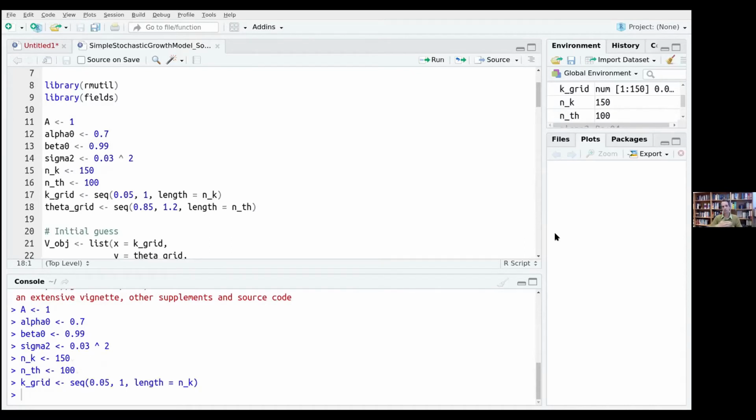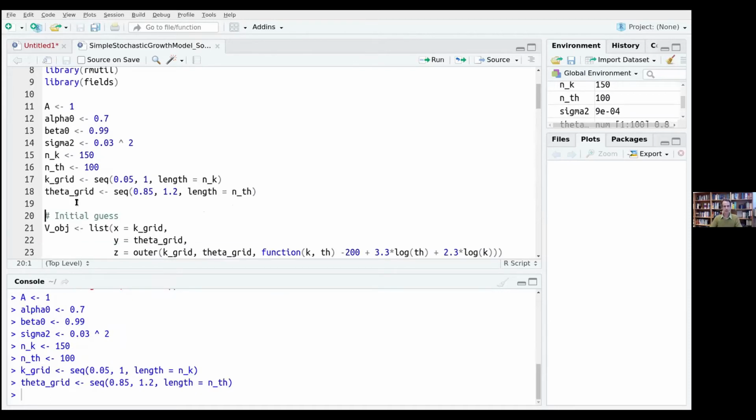So here it's just equidistant, and the same for the technology level, which is defined here. This theta grid is the exponential of the log of theta.